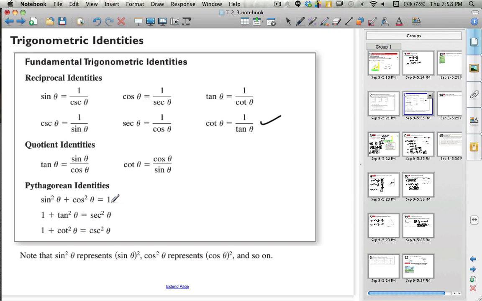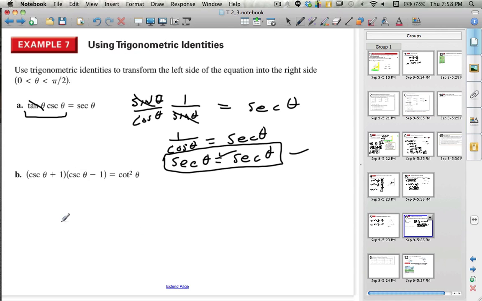But one thing for sure I know is that all of these have the trig value squared. So I'm going to multiply this out. So this is going to become cosecant squared theta minus 1. And I know that because these are conjugates, and a plus b times a minus b equals a squared minus b squared. That's what I've done. And that would then be equal to cotangent squared theta.